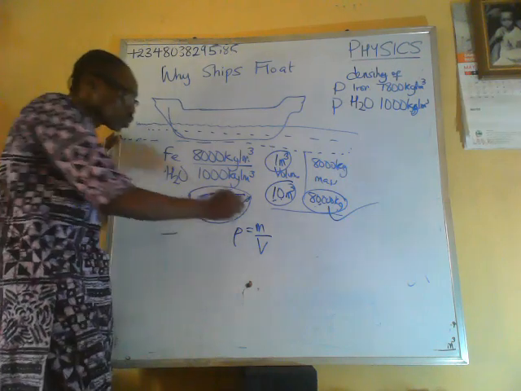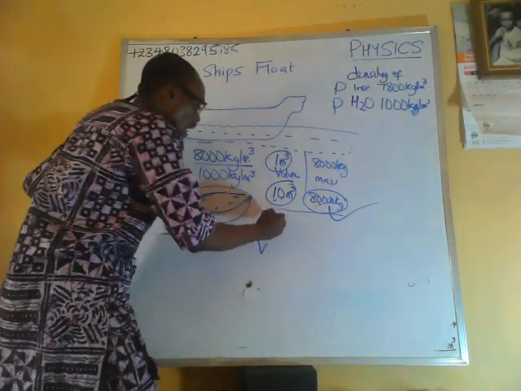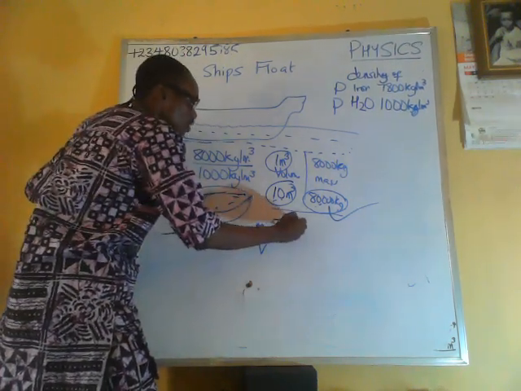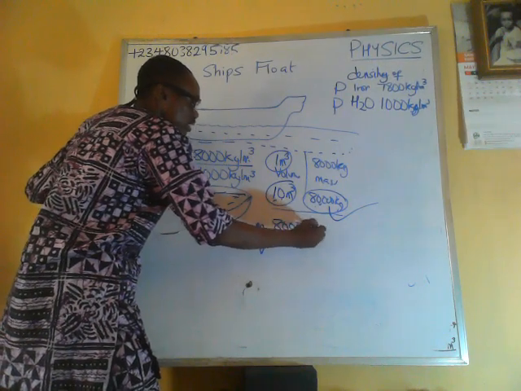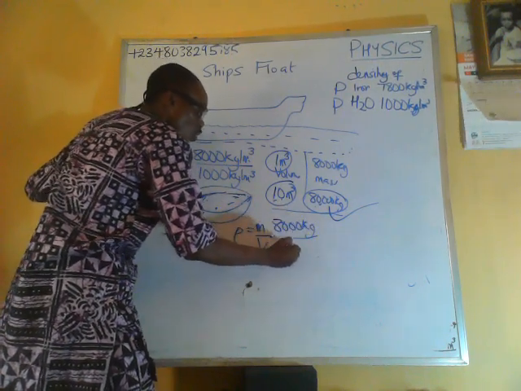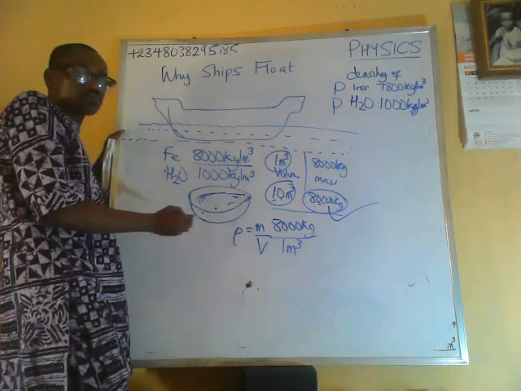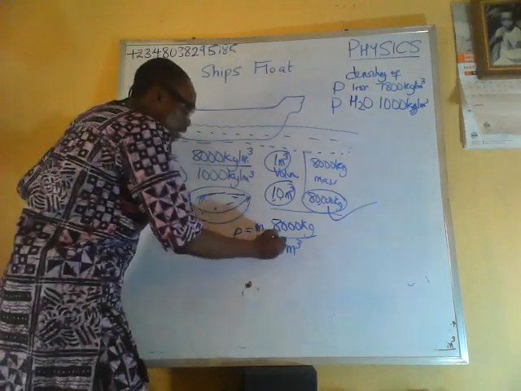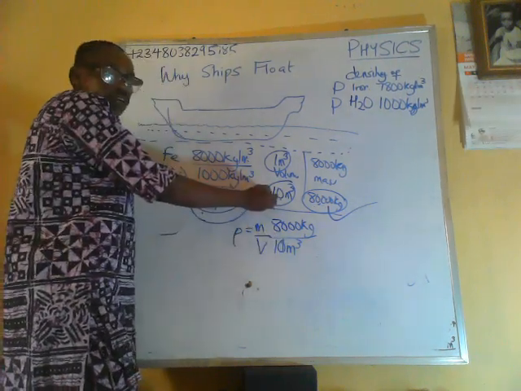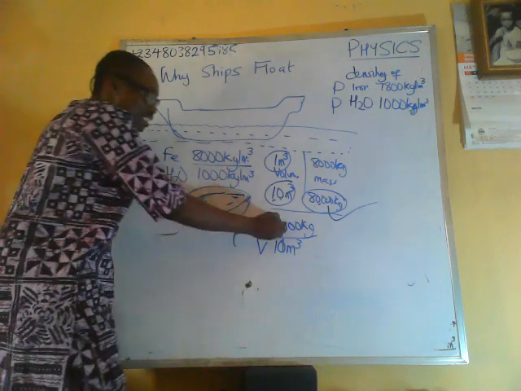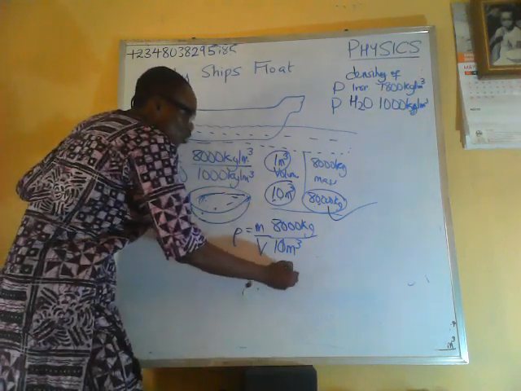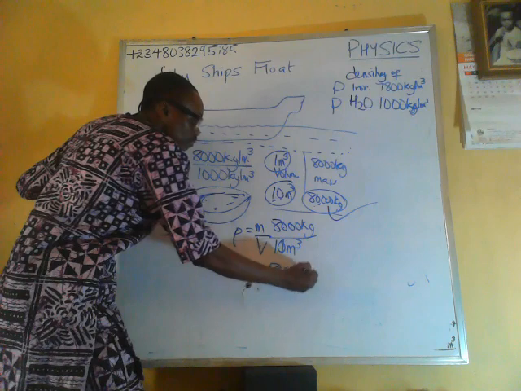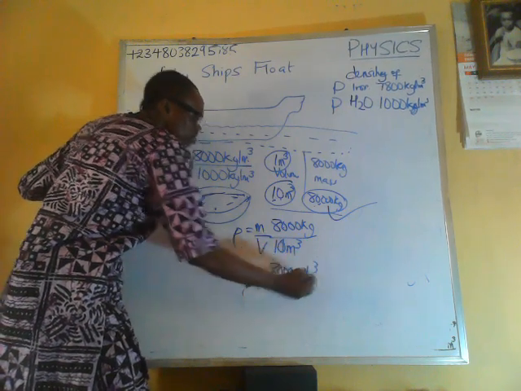Initially you had 80,000 kilogram for the material. Sorry, the volume was 10 cubic meters over here. The density is 8,000 kilogram per cubic meter.